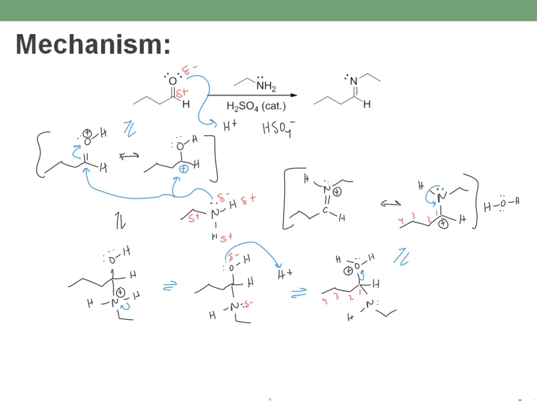But now if you look at this, we're actually just one little step away from our product here. I have a positive nitrogen, which has an H on it, and so I can draw those electrons going back up, which is really just another resonance structure, or I can have this nitrogen get deprotonated, which is going to give us our product plus our acid back.